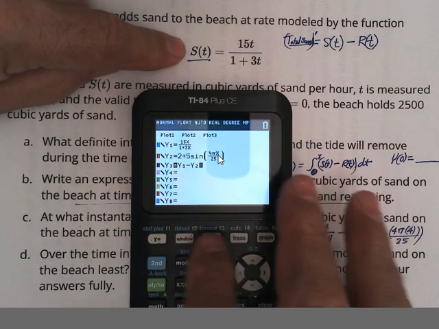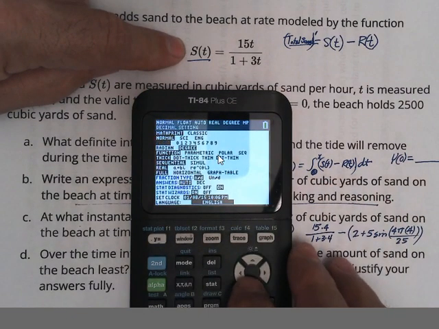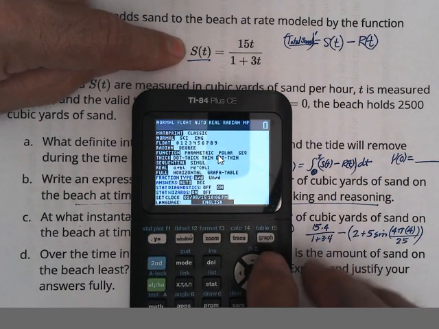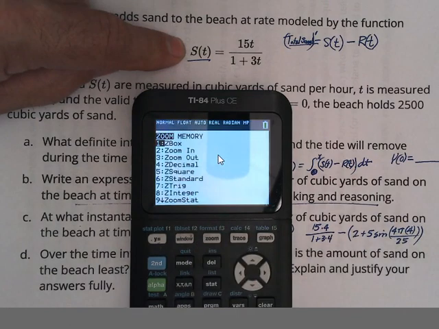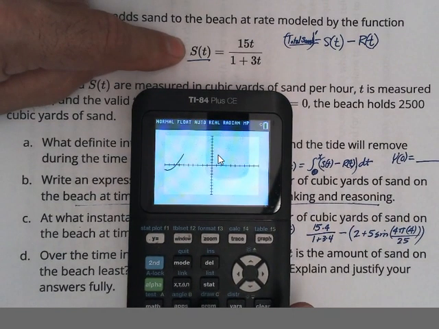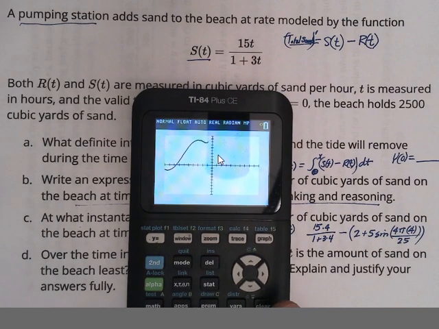So I'm going to make sure my mode is in radians, and I'm going to go zoom 6, see if that gets enough.